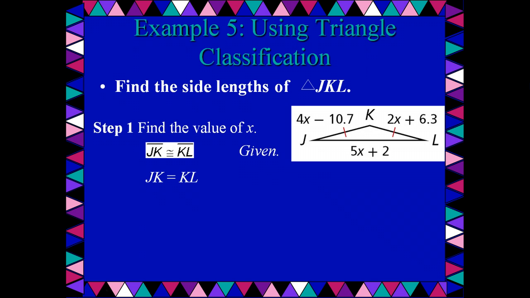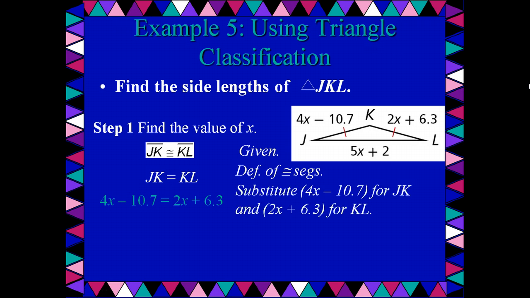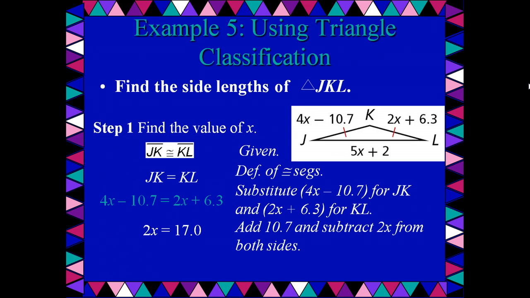So JK equals KL, definition of congruent segments. 4x minus 10.7 equals 2x plus 6.3. This is just substituting in the values for JK and KL. We can add 10.7 and subtract 2x from both sides, and we end up with 2x equals 17.0. So x is 8.5.